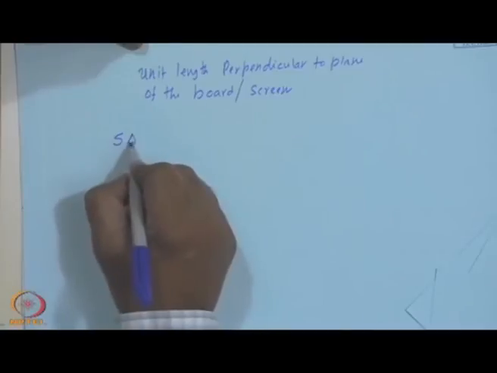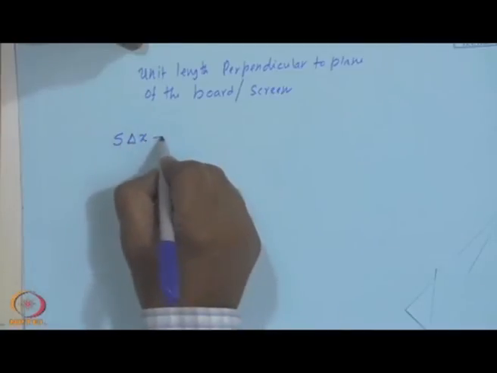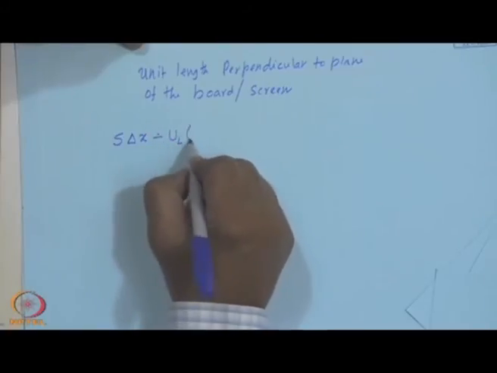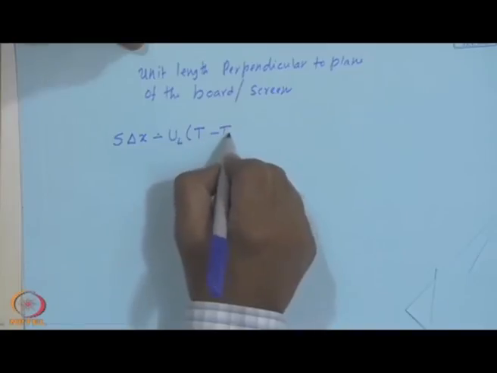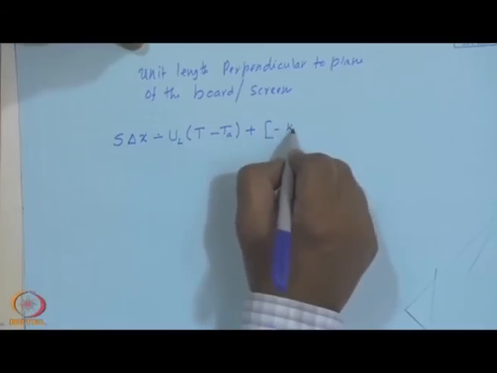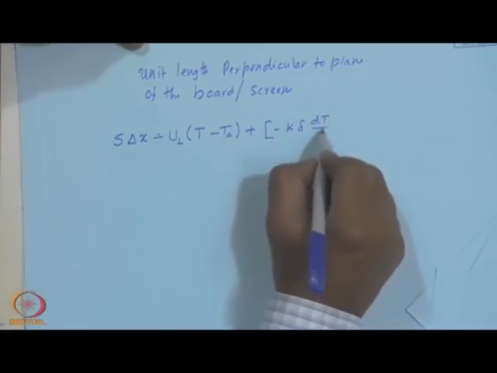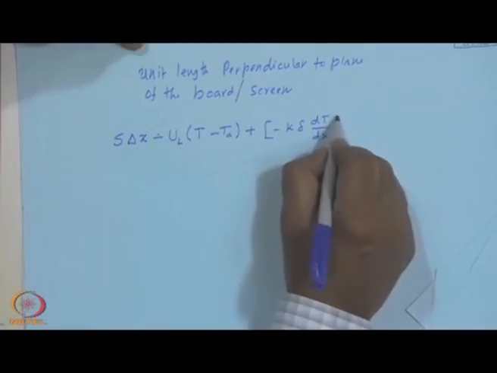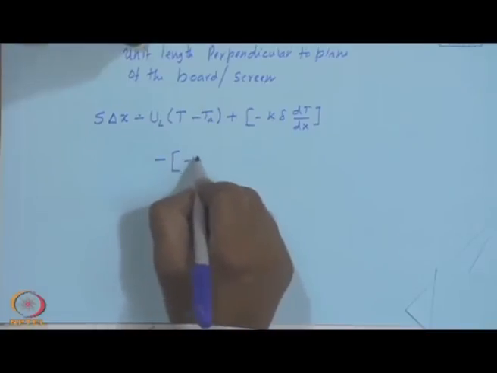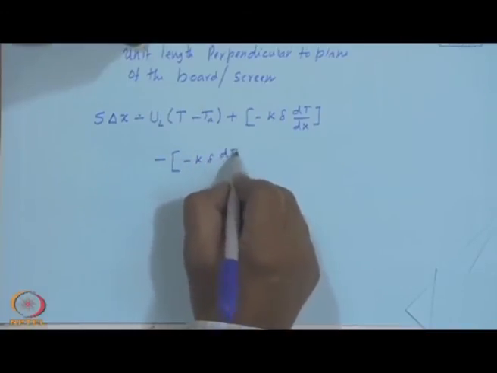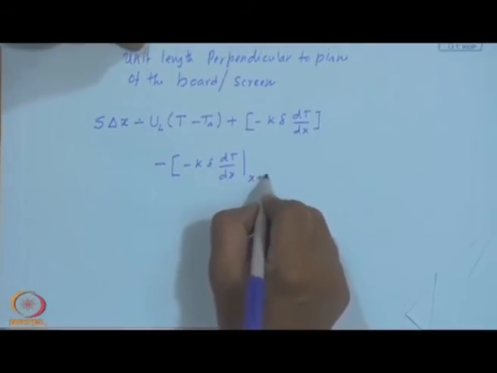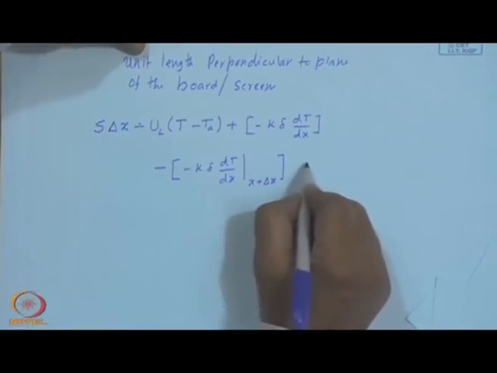So, S into delta x enters, plus minus U_L into (T minus T_a) leaves, plus minus k delta dT/dx enters, and then leaves minus k delta dT/dx at x plus delta x. This should be equal to 0.